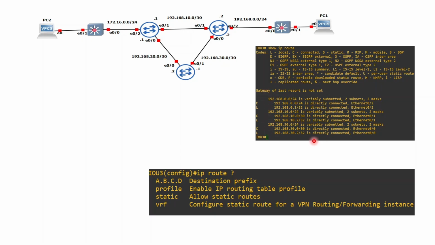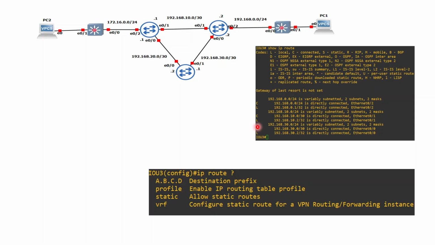Something we have noticed, looking at the left side, there are these C and L, where C represents connected and L represents local. These flags help you know, in my routing table, through which flag each route was learned by this router. If it is S, it means the route was learned by static routing.